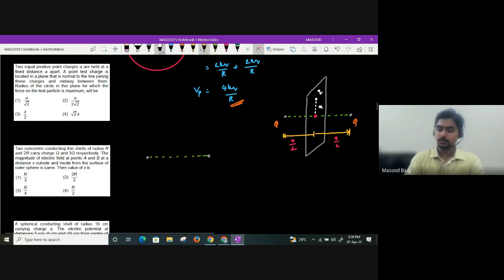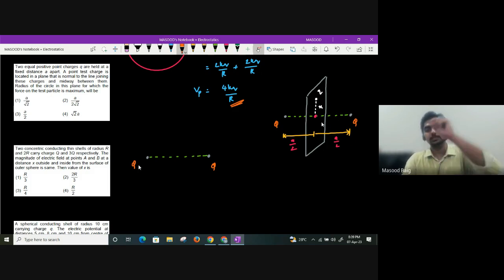I hope you understood the question, all of you. Two fixed charges are there. You have a plane perpendicular to the line joining the charges. The line is the x-axis, so the plane perpendicular to it is the YZ plane, the vertical plane. In this plane, a test charge is moving in such a way that the force on it is maximum. They are asking the radius of the circle moved by the test charge.